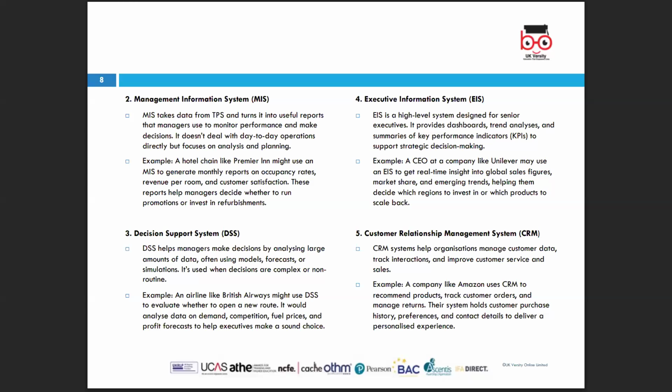The management information system takes data from our TPS and turns it into useful reports that managers use to monitor performance and make decisions. So it doesn't deal with day-to-day operations directly, but mainly focuses on analyzing and planning.